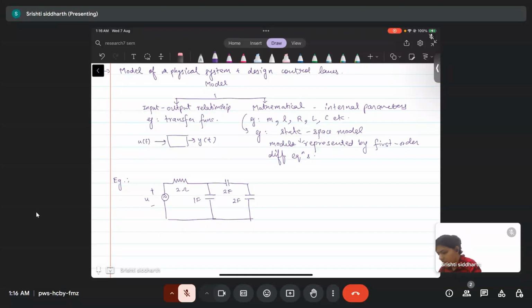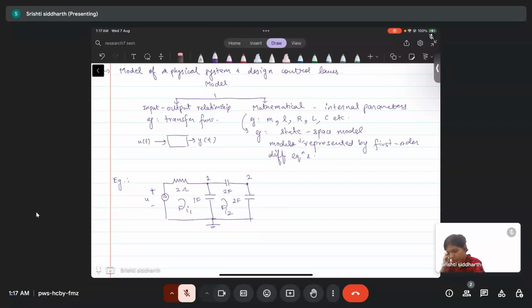So to analyze the system, we need to know the voltages across all the nodes. So let's just say that this is the ground node, this is the first node, and this is the second. So we need voltages of node 1 and 2, and we also need these loop currents. So let's say this is I1 and I2.